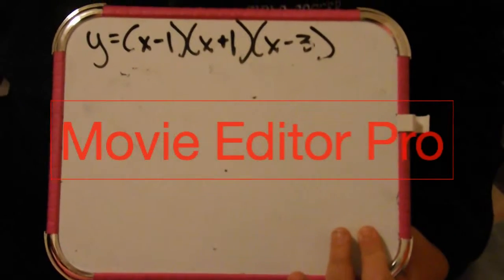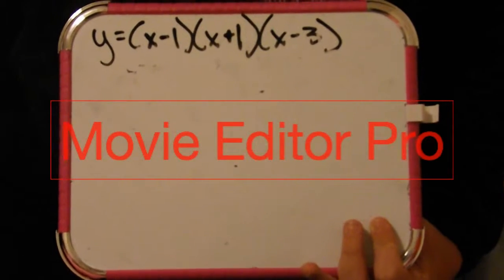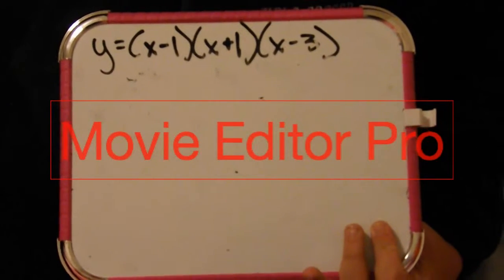Basically, the number of turning points will normally be 1 less than the degree the polynomial is at.